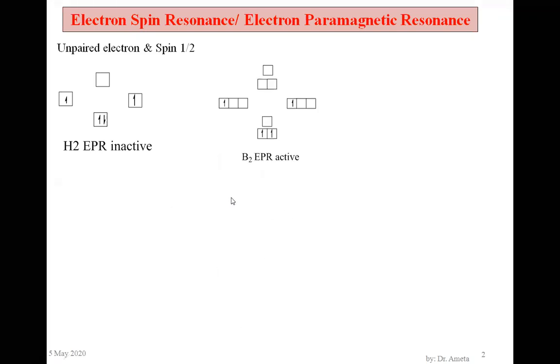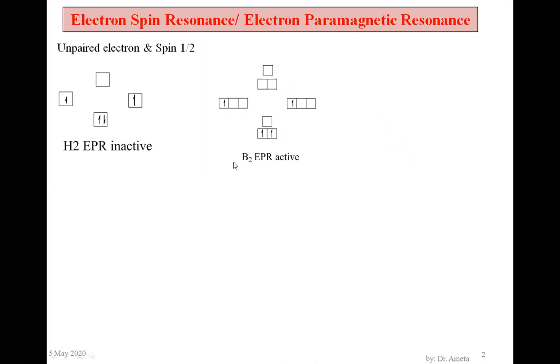Now again we see the example of boron, B2. Boron has a total of 10 electrons and it has 2p1 electron in its outer shell. So B1 also has 2p1 and B2 also has 2p1. That's why B2 in its valence has 2 electrons.